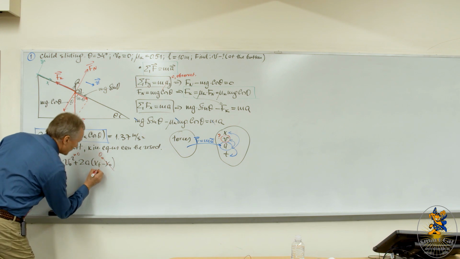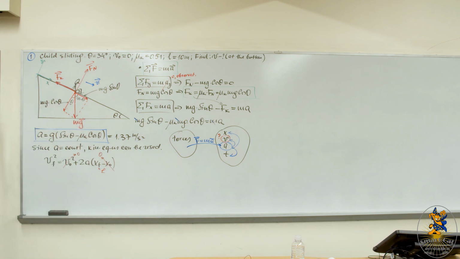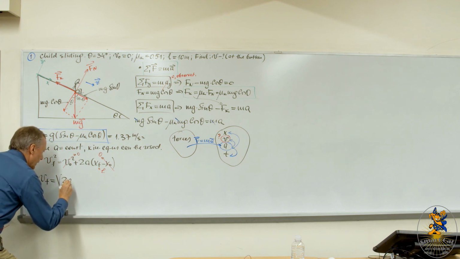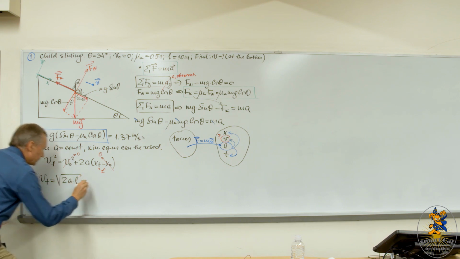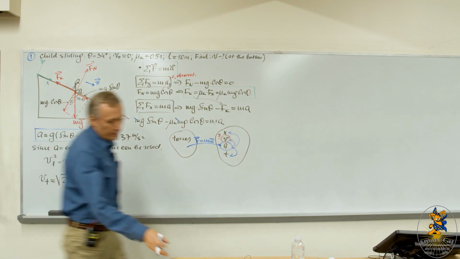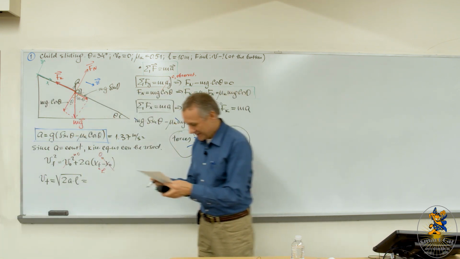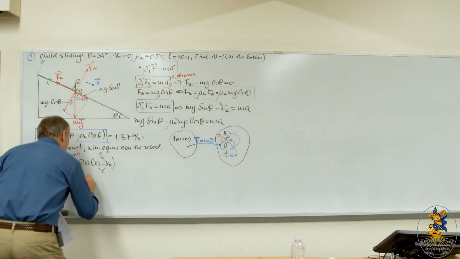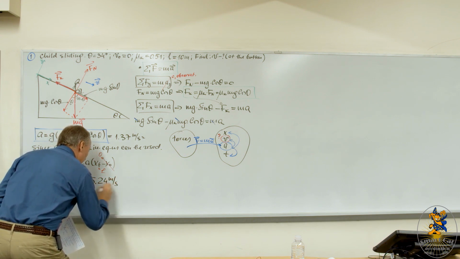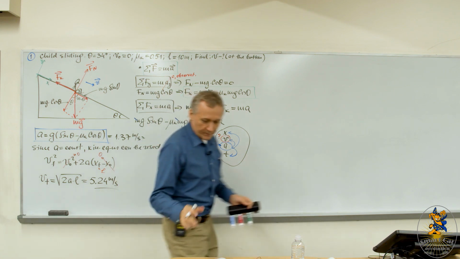So this is L. And that's it. Right? So we need to find this. So from here, v final equals the square root of 2a times L. Okay, numbers. If you plug them in, I will look at my notes. 5.24 meters per second.